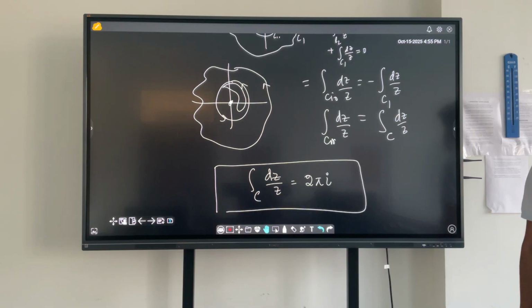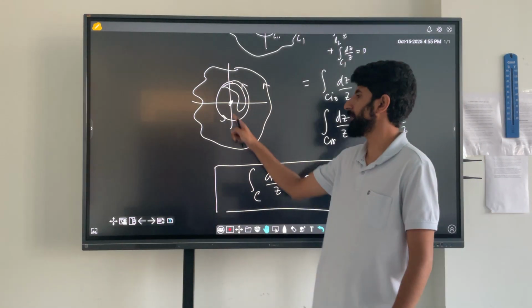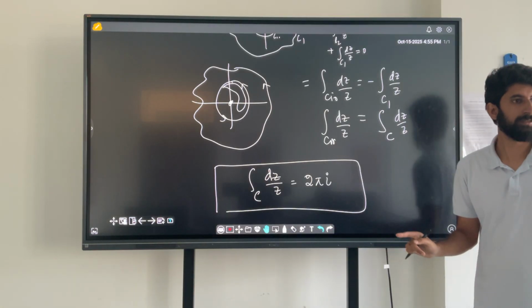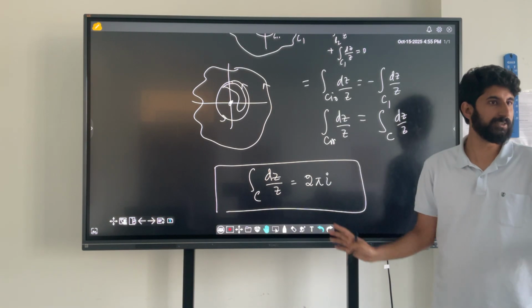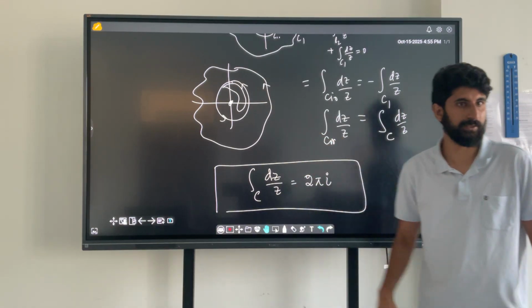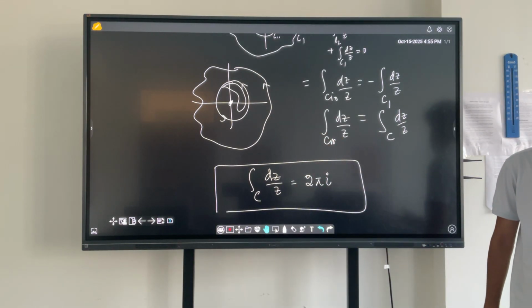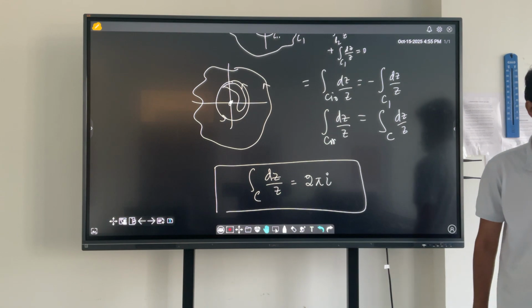So just because there is a non-analytic point, that doesn't mean the integral will always be non-zero. It could sometimes be 0, even though there is a non-analytic point. I'll give you an example, the last thing we'll do today.